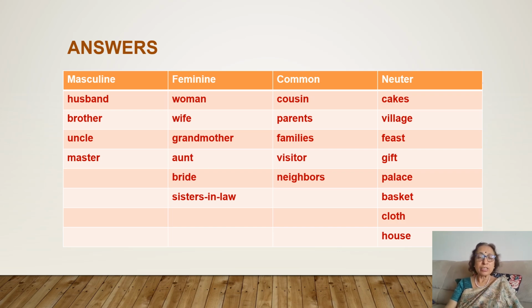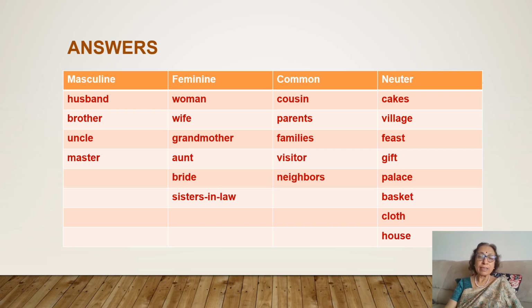Able to do what his new wife, wife is feminine, so put it in the second column. His old grandmother, grandmother again is feminine, so put it in the second column, said, "Call my brother," brother is masculine, so put it there. "Call your cousin," cousin is common, so put it there.